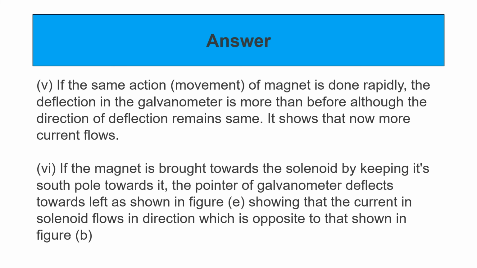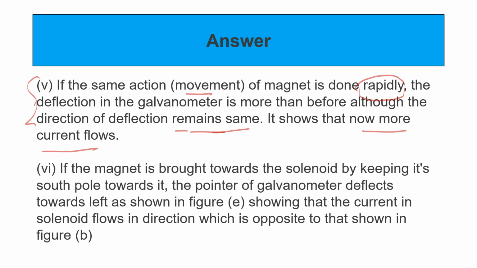Fifth, if the same action, that means movement of the magnet, is done rapidly, the deflection in the galvanometer is more than before because the movement is rapid, although the direction of the deflection remains the same. It shows that now more current flows.